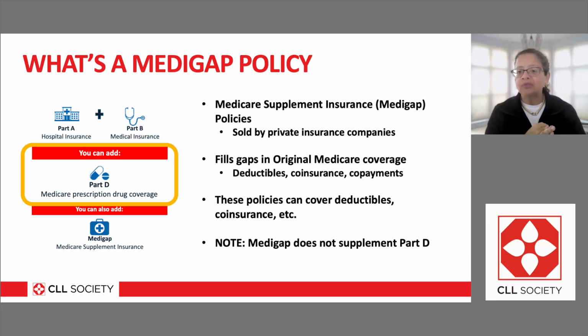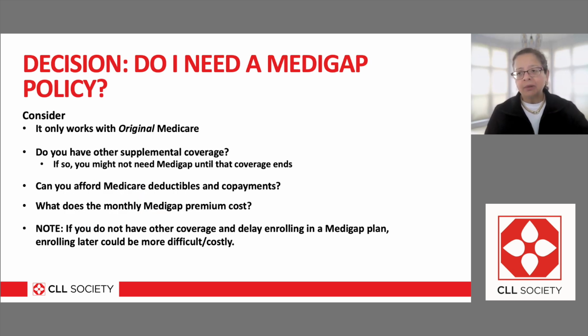It will help with all of that, deductibles, co-insurance, etc. But again, it will not help you with the out-of-pocket costs in Part D. So oral medications like Imbruvica and Calquence and several others. We'll talk about what sort of help you have for paying for those out-of-pocket costs in just a couple minutes. So do you need a Medigap policy?